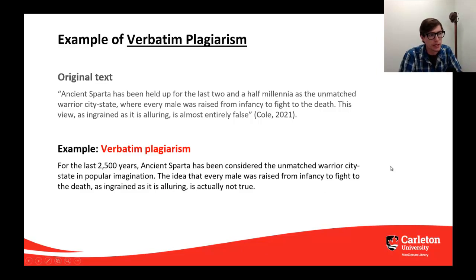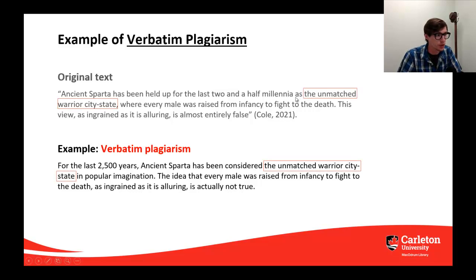But if we look at verbatim plagiarism, we can see this is the changed text here. For the last 2,500 years, ancient Sparta has been considered the unmatched warrior city-state in popular imagination. The idea that every male was raised from infancy to fight to the death is ingrained as it is alluring, is not actually true. And let's just quickly look at this together.